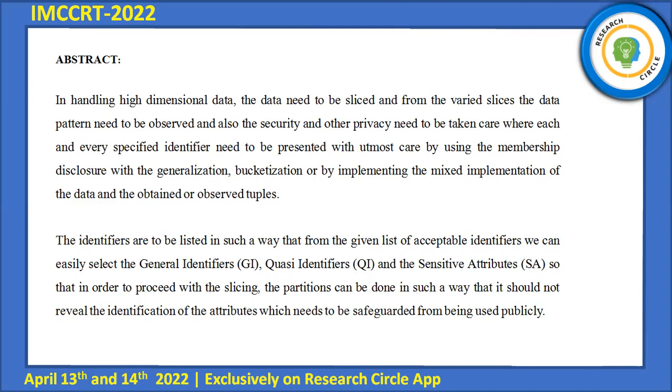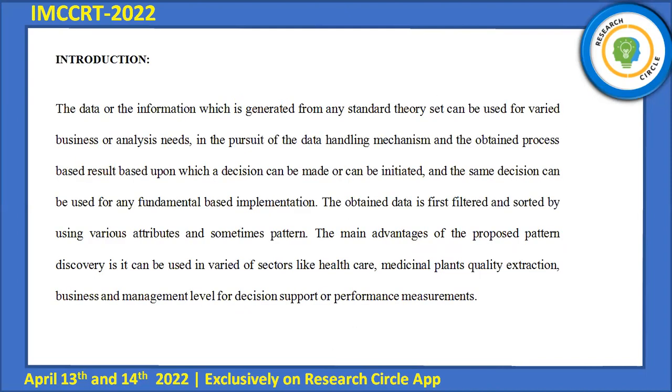The identifiers are categorized into certain categories: simple identifier or quasi identifier, and sensitive attributes. These are the things we take care of while slicing the data, and which data can be shown to the public, the crowd, and which data should be hidden. We should describe that in the framework.